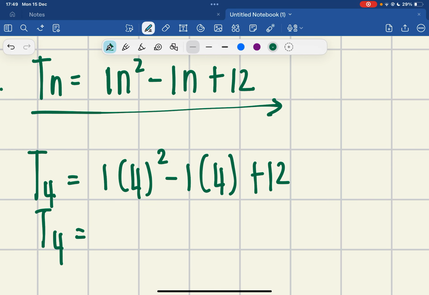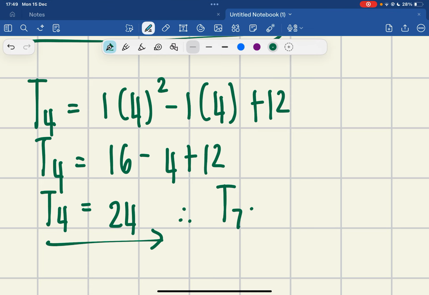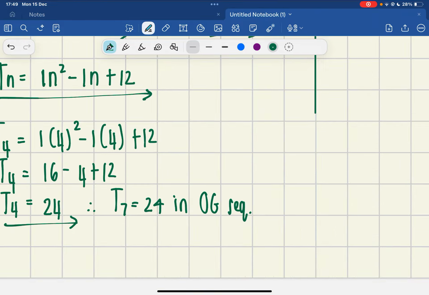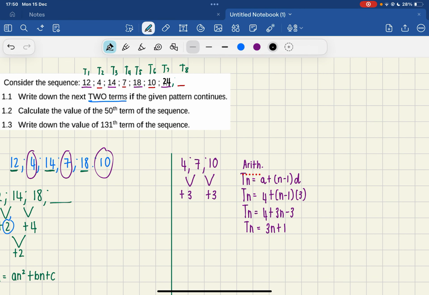T4 is equal to 4 squared, which is 16, minus 4 plus 12. 12 plus 12 is 24. Therefore, T7 is 24 in the original sequence.